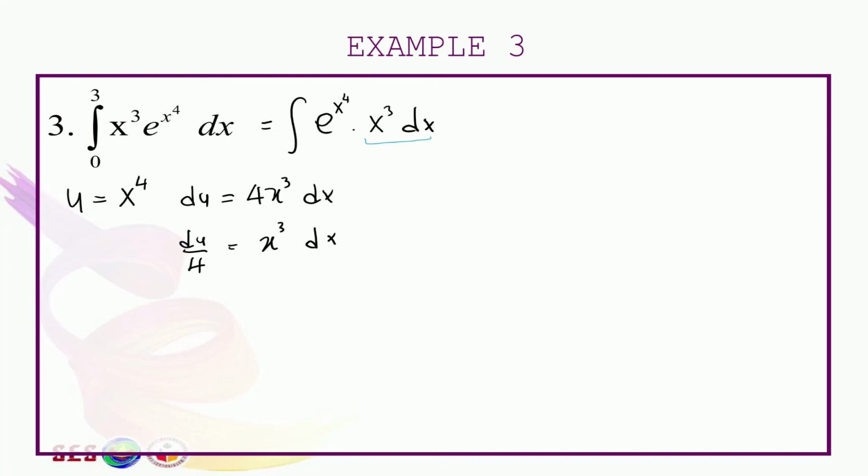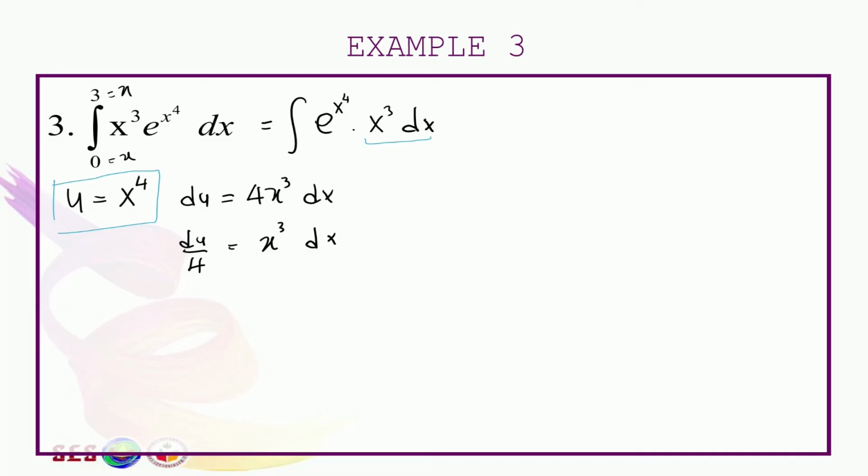But remember that because we want to change the x into u, you also need to change our limit, because you need to understand that our limit is in x. So we need to change the x into u form. How? We need to use the information that we have.